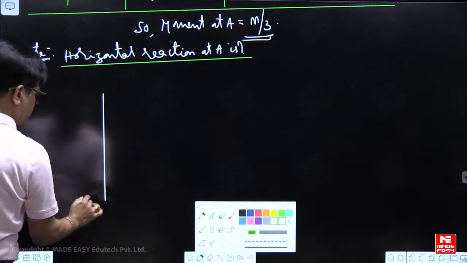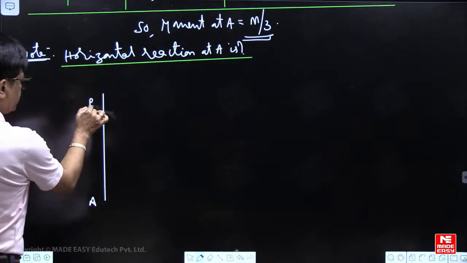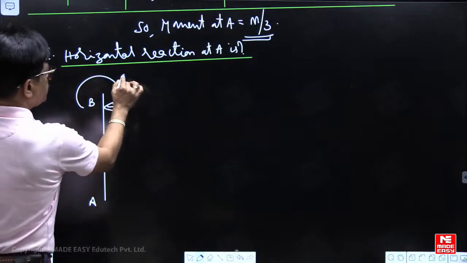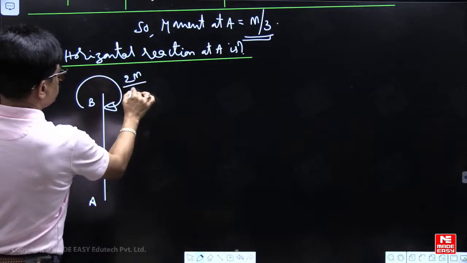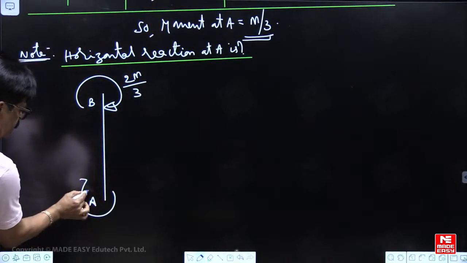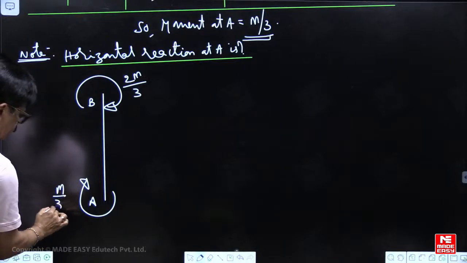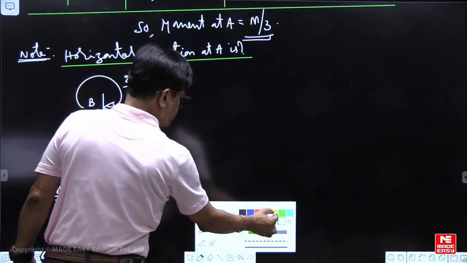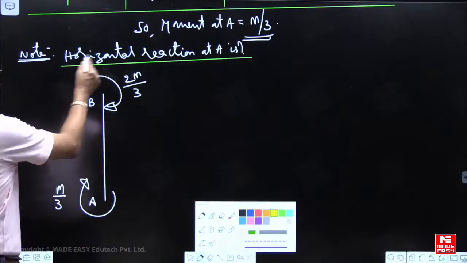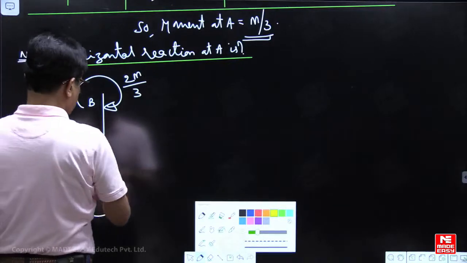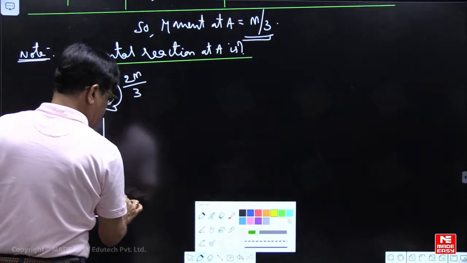Here it is, this point let us say A, B. This fellow has taken 2M by 3. This fellow has taken M by 3, half of that. 2M by 3 plus M by 3 is M, clockwise. Now anti-clockwise.